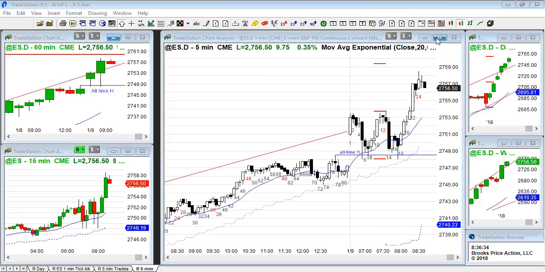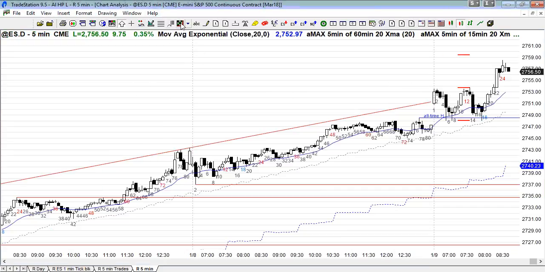This is that 4-day channel on the 60-minute chart, but I can also draw a channel on the 5-minute chart.